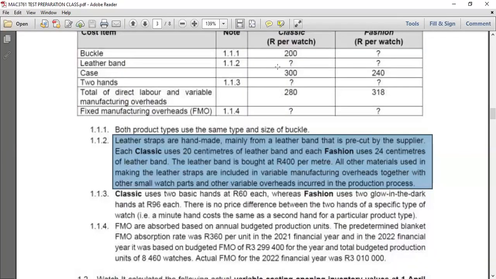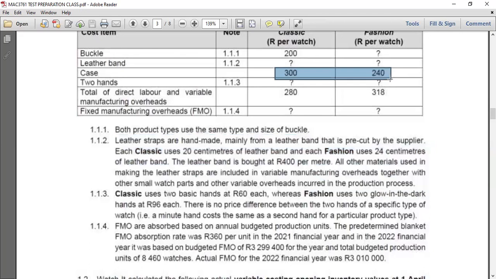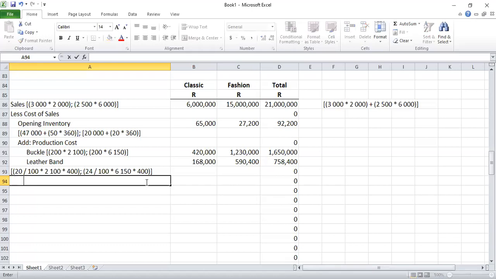The case is given 300 and 240. So we just have to multiply by the number of what? Number of units. So let's say case 280 multiplied by 2,100.